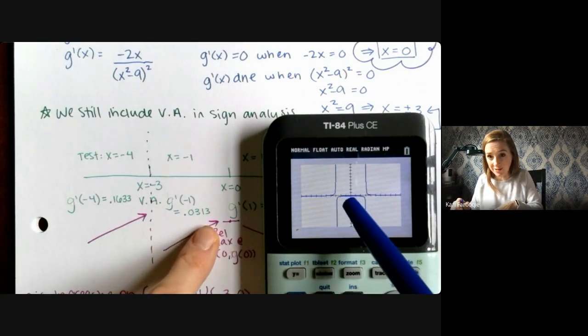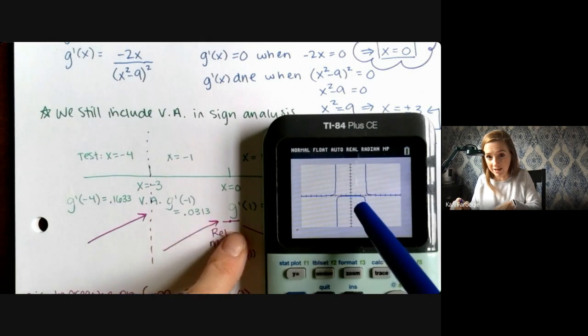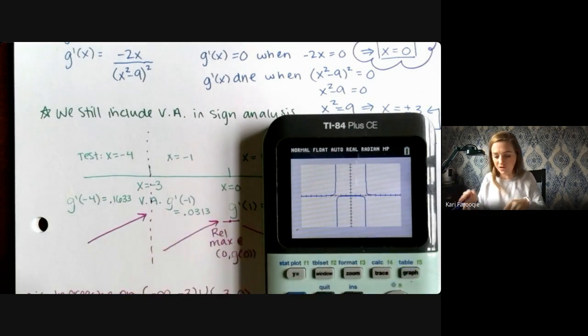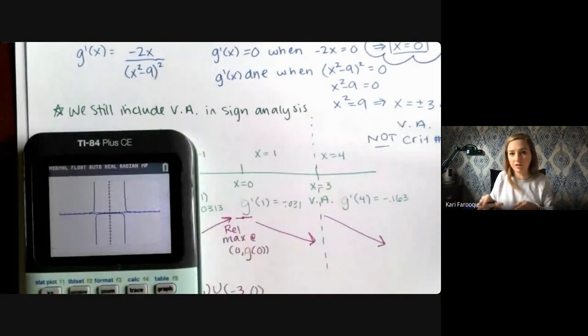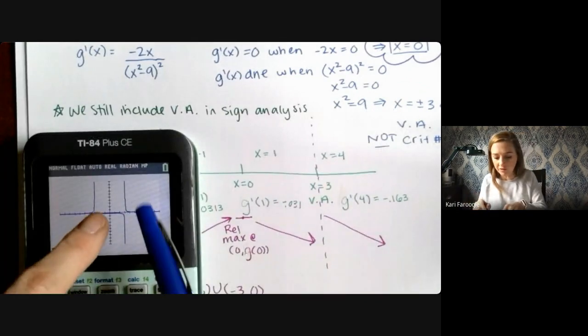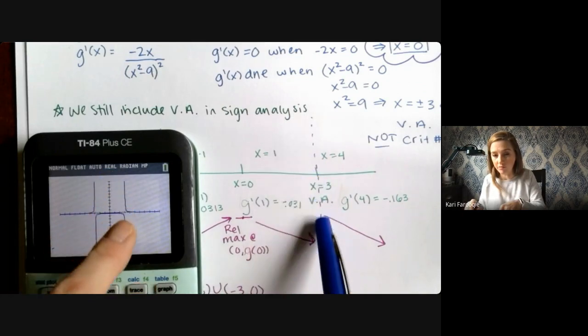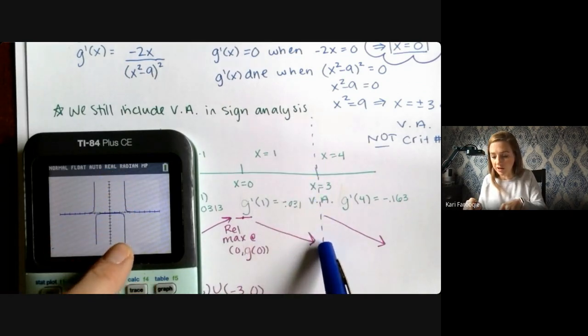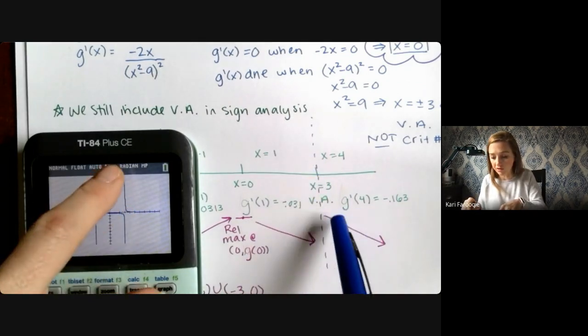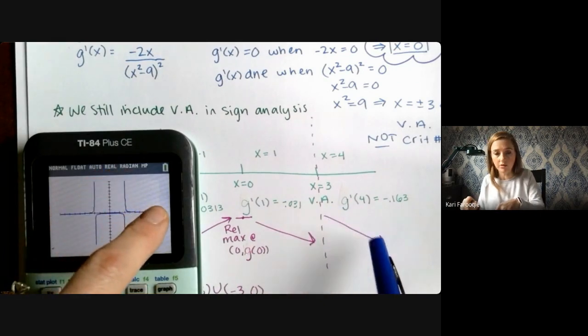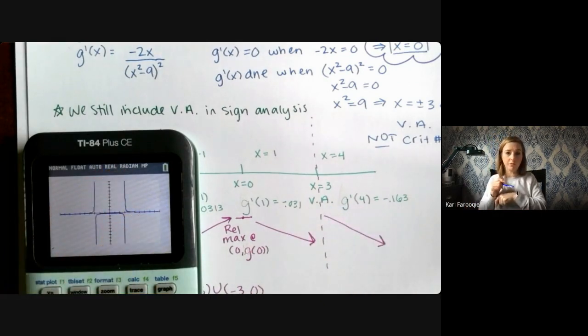And then you hit this relative max at 0, and then it starts to go down, just like what our sign analysis predicted. So it starts to decrease, and then it hits this vertical asymptote at 3, and then it starts to decrease again. So you're seeing this behavior exactly matches what's going on with your graph.